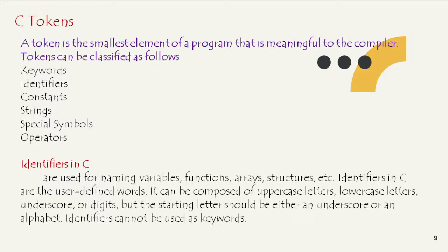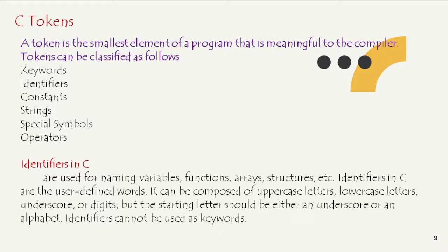They can be composed of uppercase letters, lowercase letters, underscores or digits, but must always start with a letter or an underscore symbol. An identifier cannot be a keyword or a reserved word.